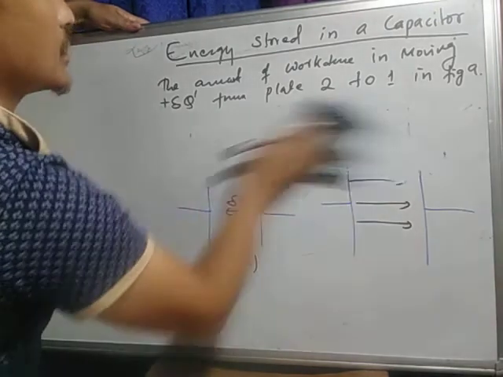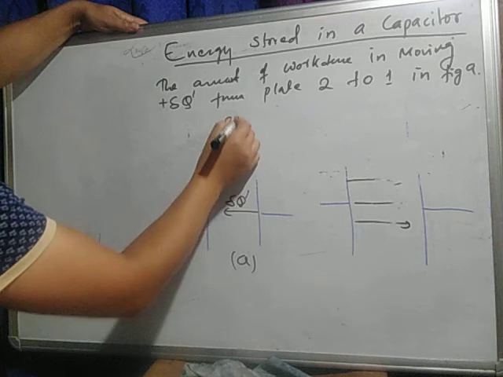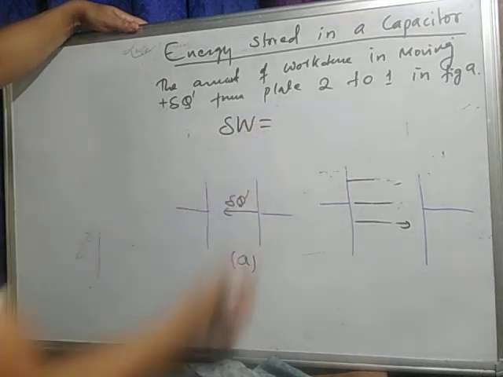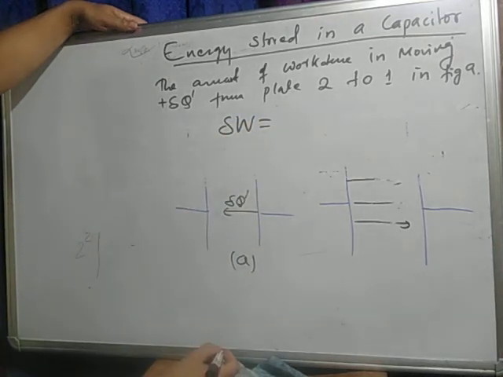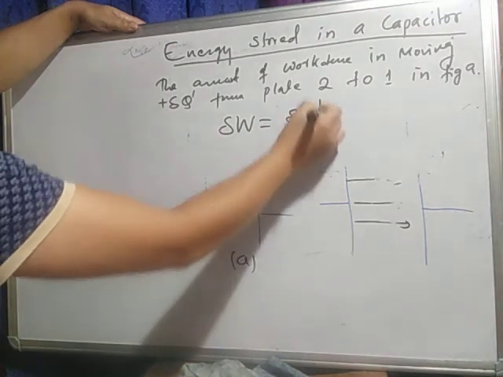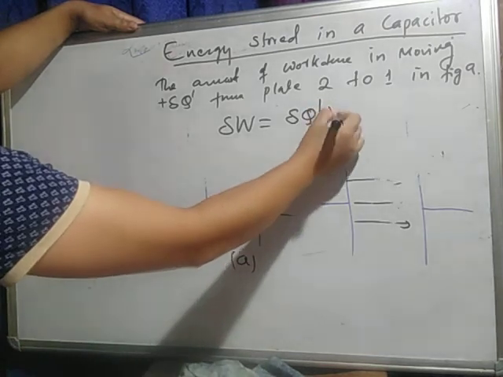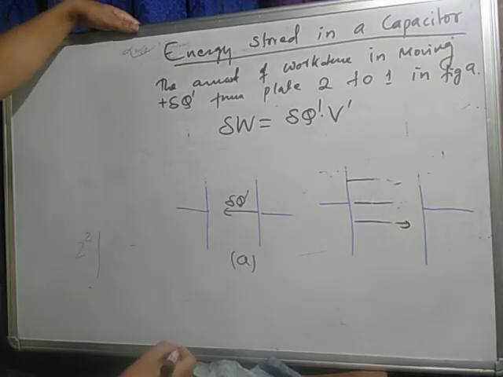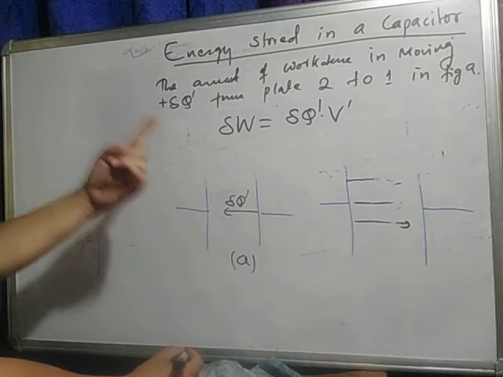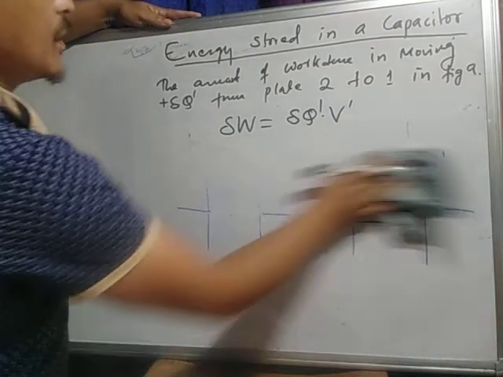So how much work is done? That is your del W equals to work done equals to the product of charge del Q dash into the potential V dash, isn't it? So initially 0, but we need total work done.